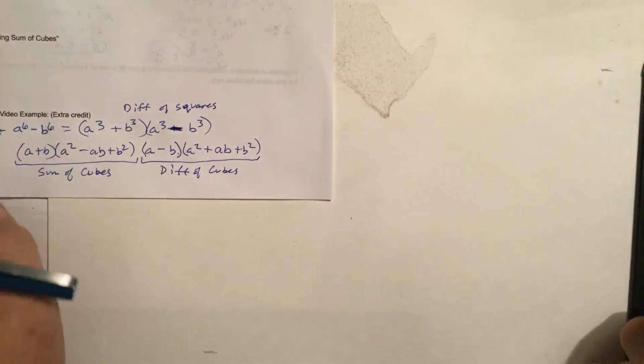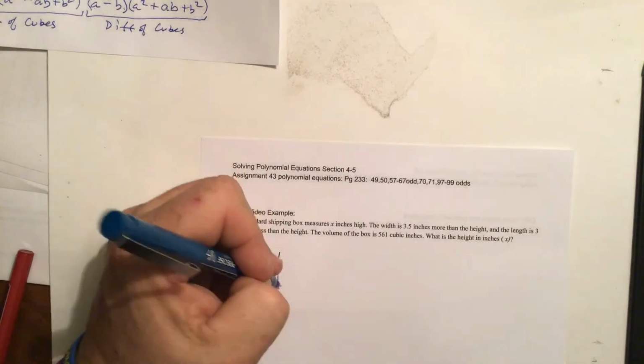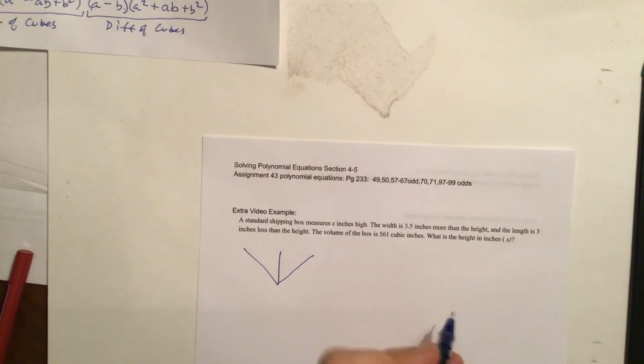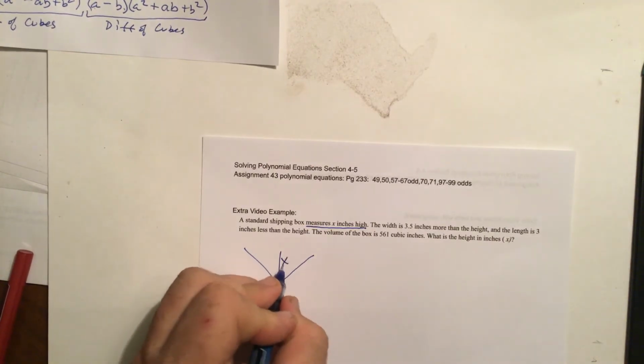And we have one on volume. So the ones on volume, when we're dealing with volume, let's just draw our square here. We know that the height is x, so we're going to put x right here.